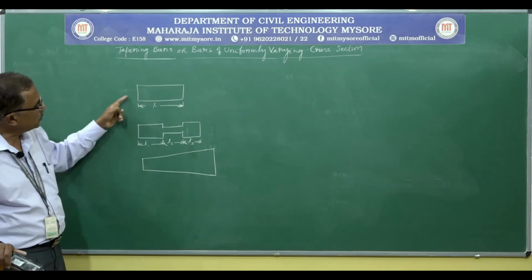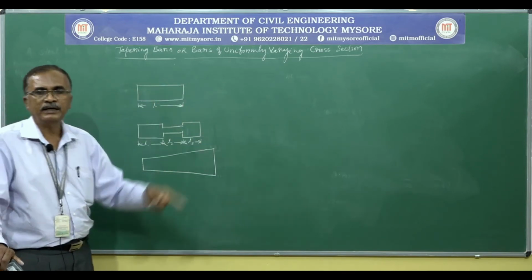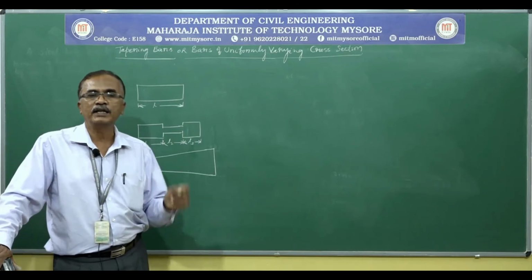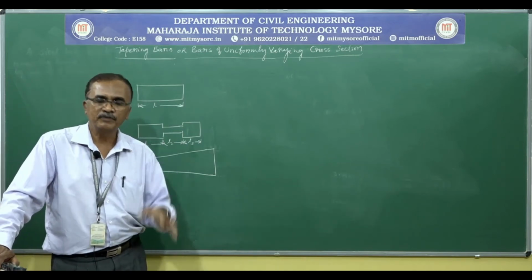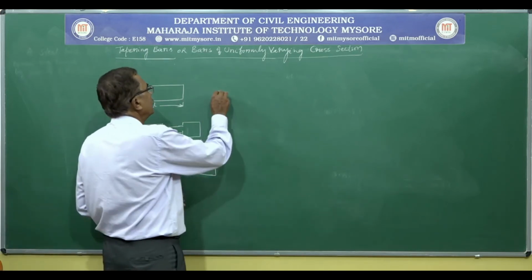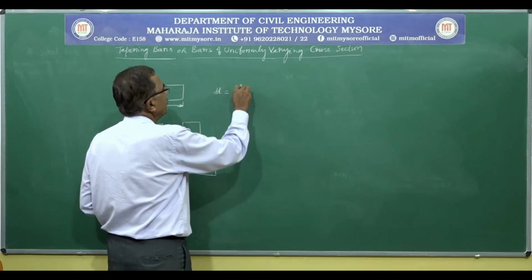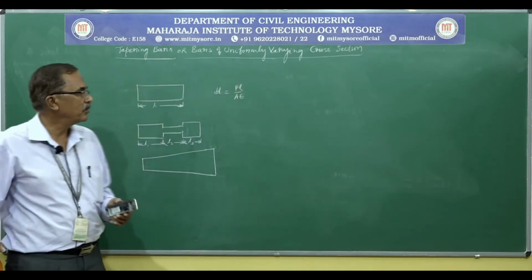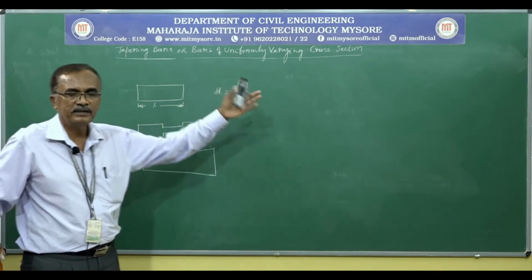So, here in the first two cases we can find out the strain by using the fundamental concept of change in length. The fundamental equation which we derived to obtain change in length is delta L equals PL by AE, where P is the applied axial load, L is the length of the bar, A is the cross sectional area, and E is the Young's modulus.